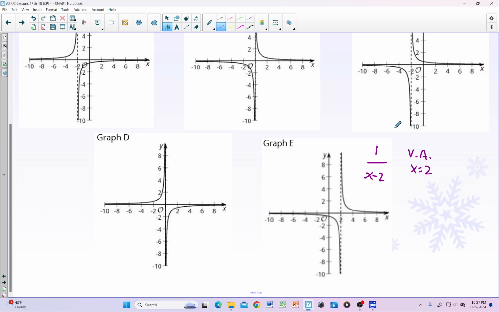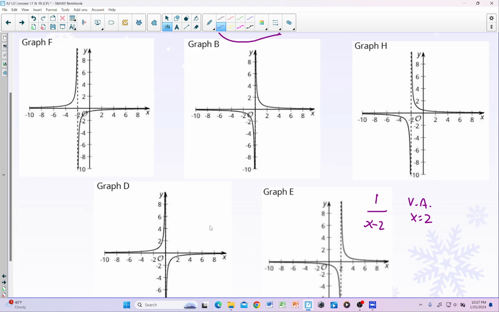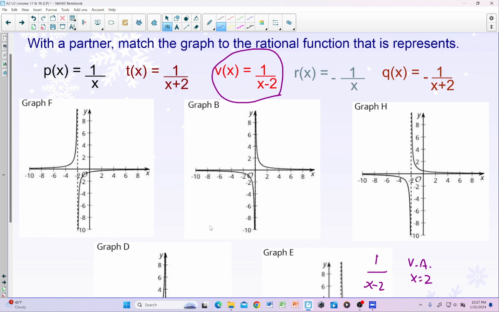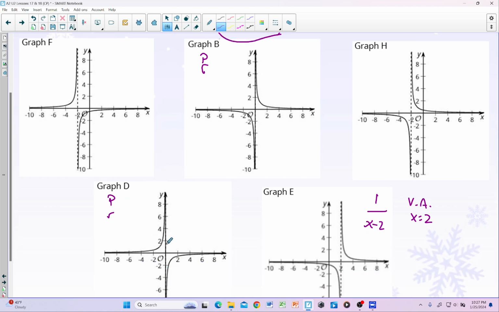Wonderful. That means we can start matching these up pretty easily. Some of these, we have two with the same asymptotes. Let's look at these x's. Graph B and graph D both have a vertical line at 0, which means they have a vertical asymptote at 0.